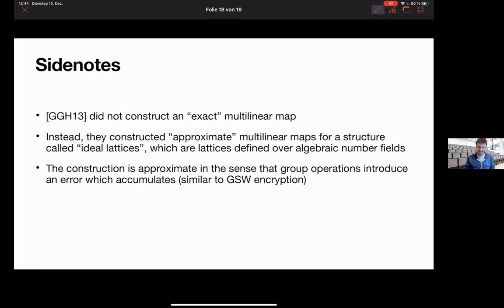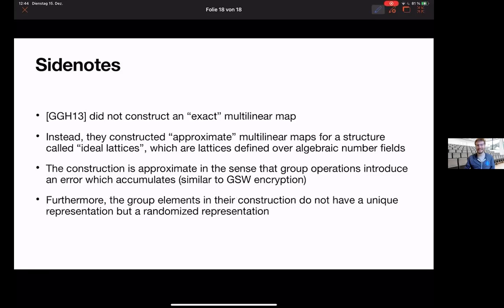Okay, so I said already that this construction is approximate in the sense that group operations introduce an error, and this has the somewhat weird consequence that group elements in their construction do not have a unique representation. So if you just think about modular exponentiation as a homomorphism into a group, then of course every ZP element has a unique representation in this other group.